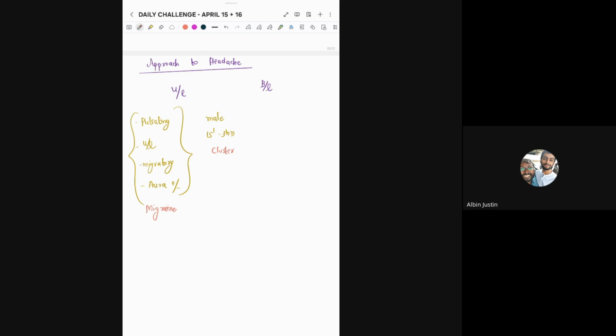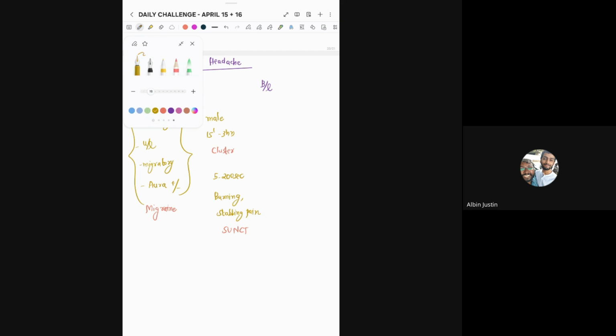When you have 5 to 200 seconds of burning, stabbing pain, it will be short-lasting unilateral neuralgiform headache with conjunctival injection and tearing, also called SUNCT.